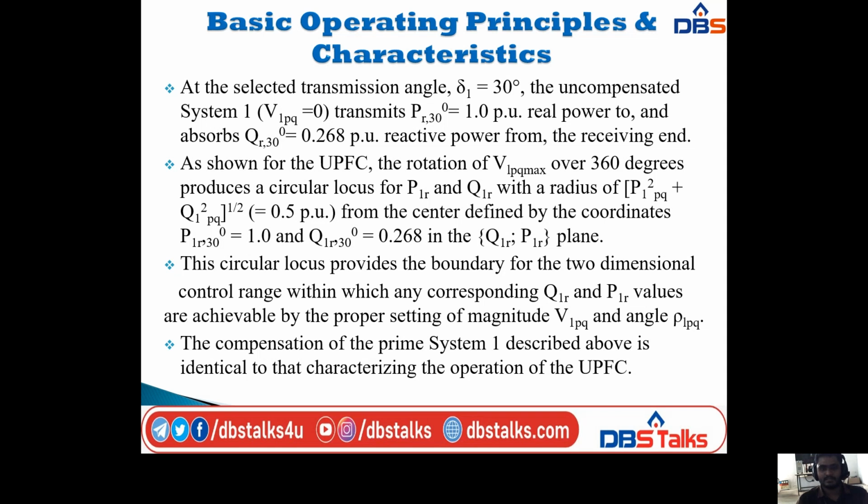So this circular locus provides the boundary for the two-dimensional control range within which any corresponding Q1R and P1R values are achievable by the proper setting of magnitude, that is V1PQ, and angle rho1PQ. So the compensation of line 1 described above is identical to that characterizing the operation of the UPFC.